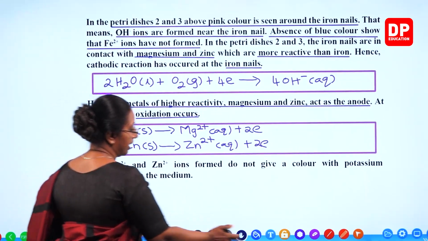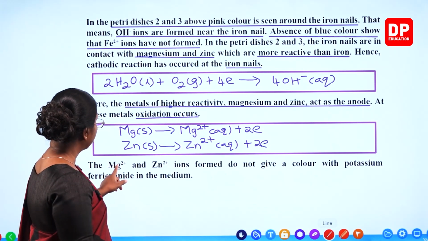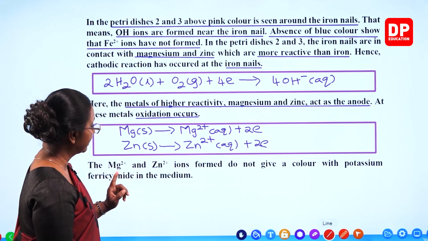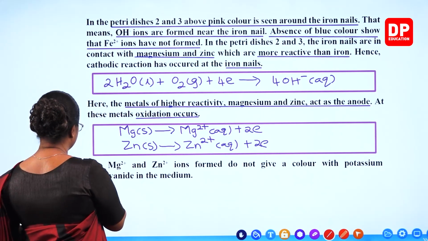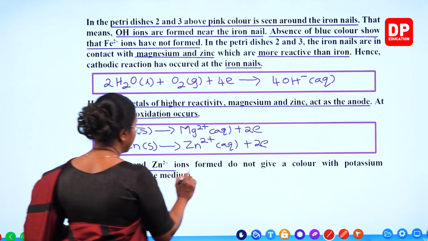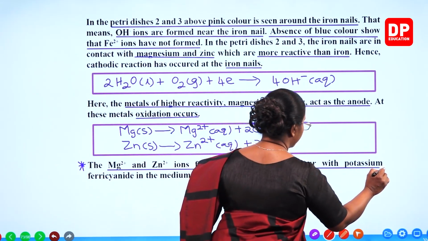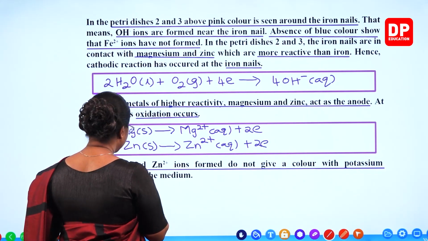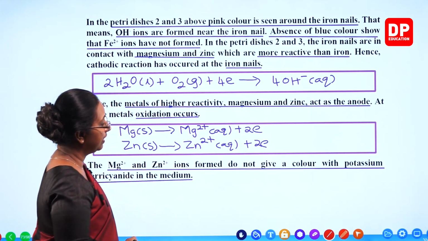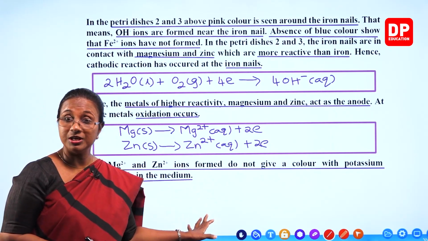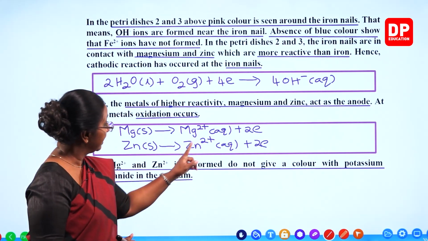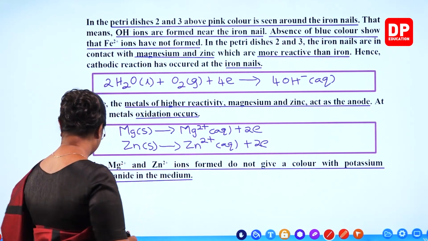So there you can see, the Mg2+ and Zn2+ ions formed do not give a blue color with potassium ferricyanide. Very important. All what we discussed, I'm sure you all can understand that. Then I'll move on to the next slide.